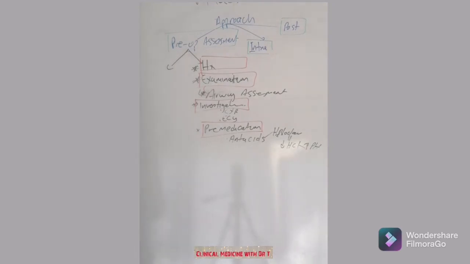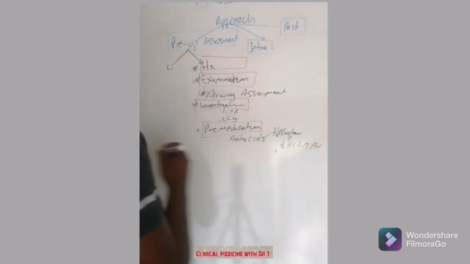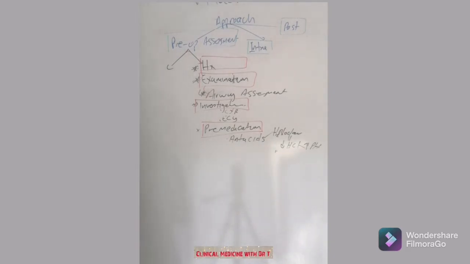Remember, an acid has a low pH, so if you give an antacid, you are trying to reduce the acidity of the gastric content. By doing that, you are saying to yourself, in the event that this patient aspirates, at least you're trying to minimize damage from the hydrochloric acid in the gastric contents.